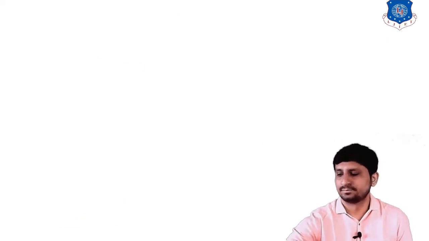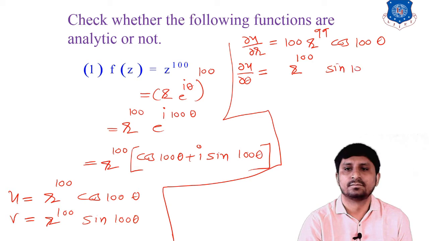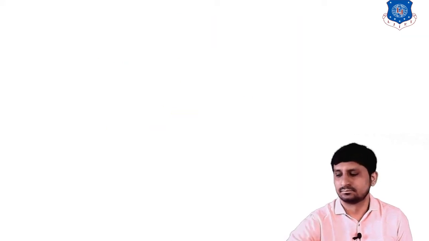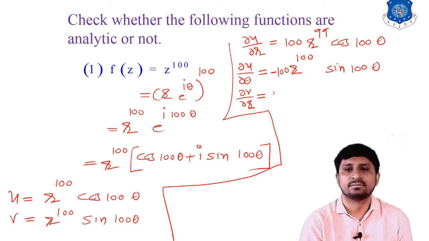Del u by del theta is equal to r raised to 100, differentiation of cos 100 theta, that is minus sin 100 theta, into 100. Now del v by del r is equal to 100 r raised to 99 sin 100 theta.